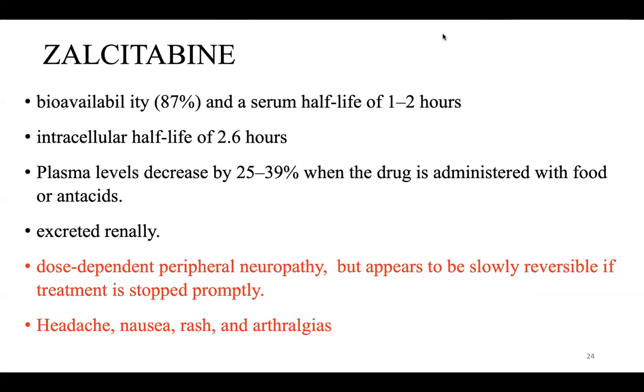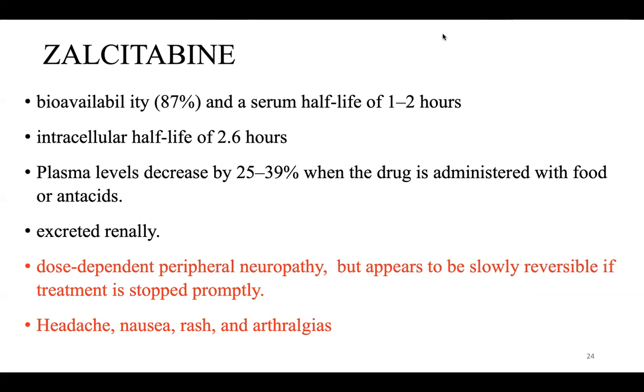Plasma levels decrease by 25% when the drug is administered with food or antacids. The drug is excreted renally. Cerebrospinal fluid concentration is approximately 20% of those in the plasma.